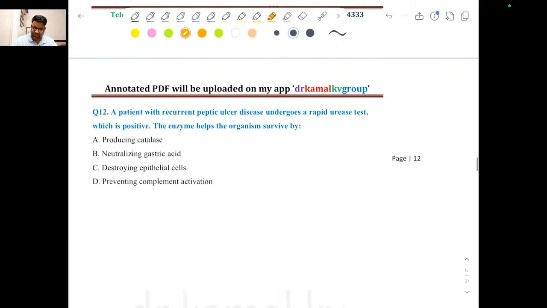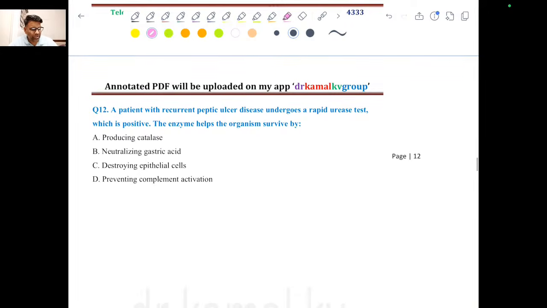So next, again a very good question, and I think most of you must be able to answer this as well. A case of recurrent peptic ulcer disease undergoes rapid urease test which came out to be positive. So the organism is surviving with the help of which enzyme?